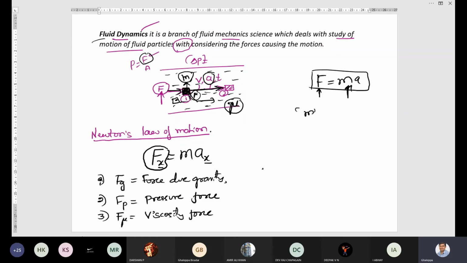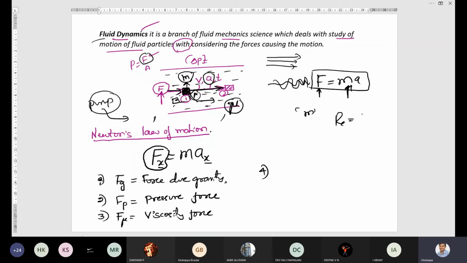Fourth force. And we know that fluid will not always flow in only one direction, not only laminar. Due to change in velocity, the fluid flow will change direction. It may undergo turbulence, because if you are using some pump or external machine to supply water from one end to another end, obviously the velocity of the fluid will be more.